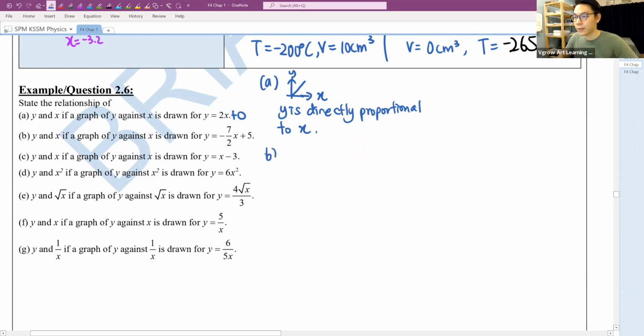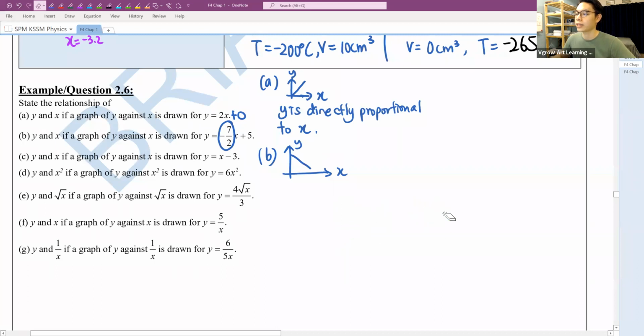Part B. Okay, find the relationship of y and x if the graph of y against x is drawn. Okay, let's try to just roughly draw the graph. I have a y-intercept, and my gradient is a negative value. Positive gradient is like this, negative gradient is like that.